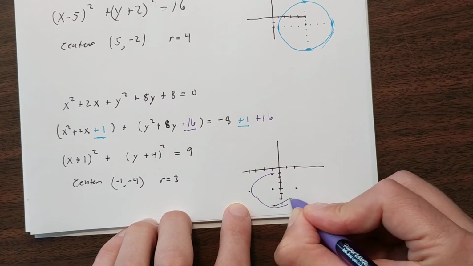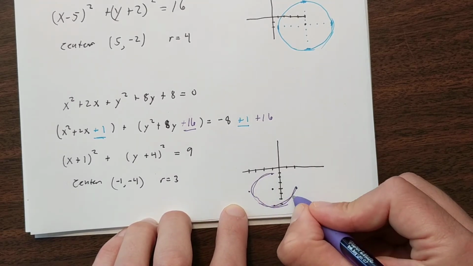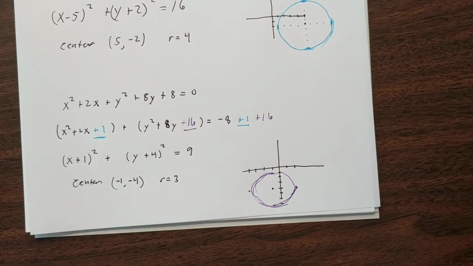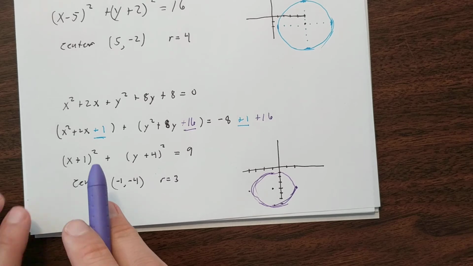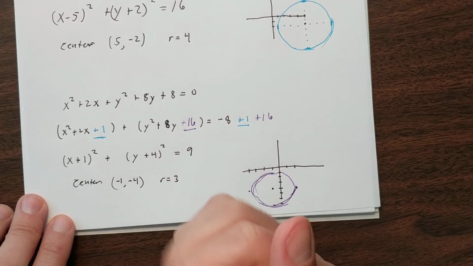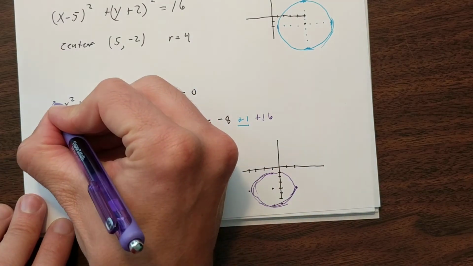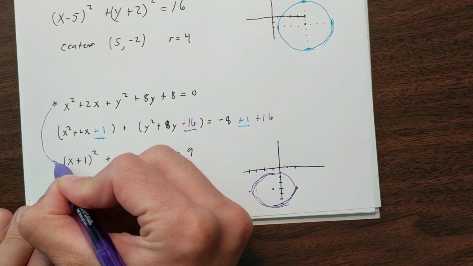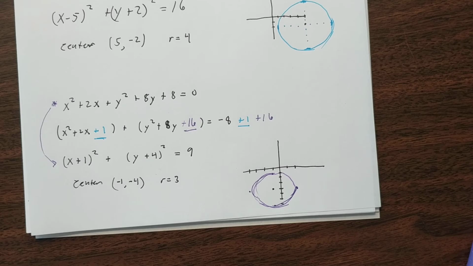Whoops. So this graph is not good, but it's a circle. There we go. And that's how you graph a circle, and that's also how you can go from a multiplied out form like this to the standard form, by completing the square.